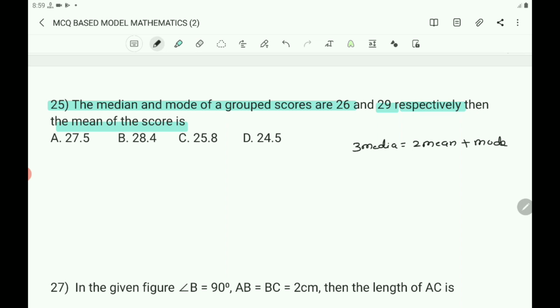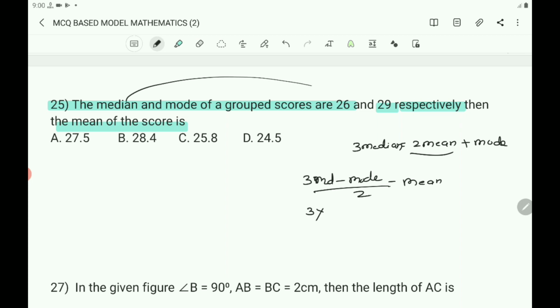So to get the mean, you must take (3 median minus mode) divided by 2 equals mean. 3 median is 3 into 26 minus the mode, 29.